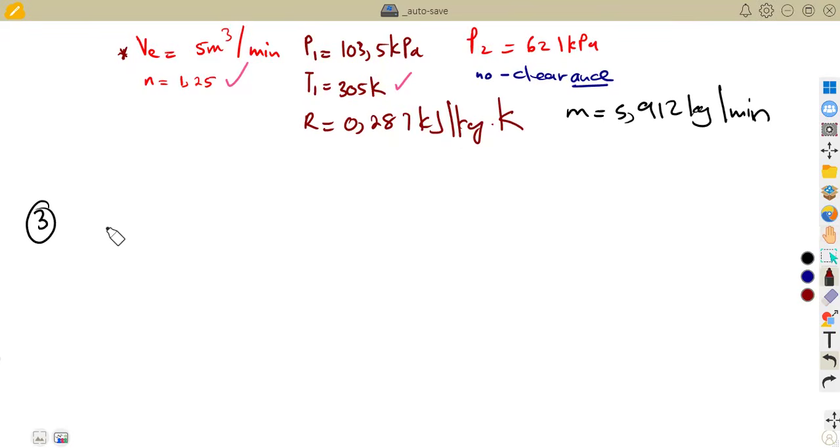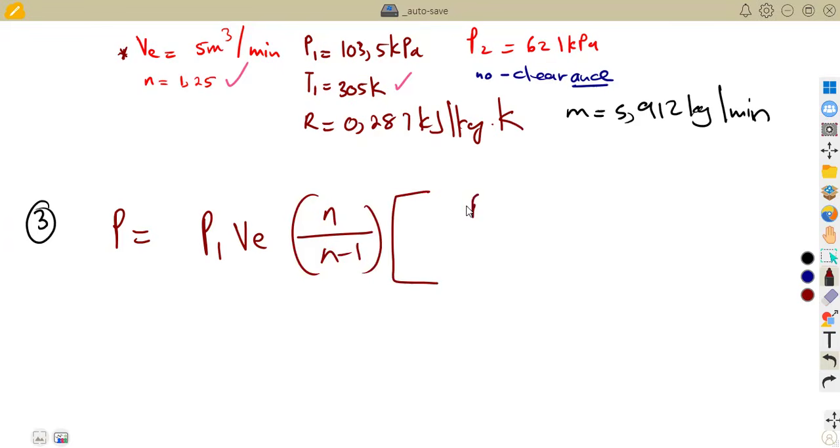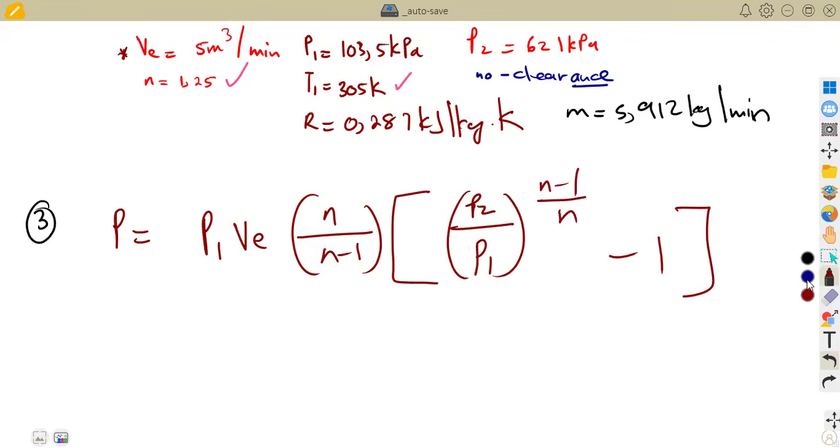We can have our power from the formula P1 VE into n over (n minus 1) into [(P2 over P1) to the exponent of (n minus 1) over n, minus 1]. If we have the effective volume, it's an advantage.